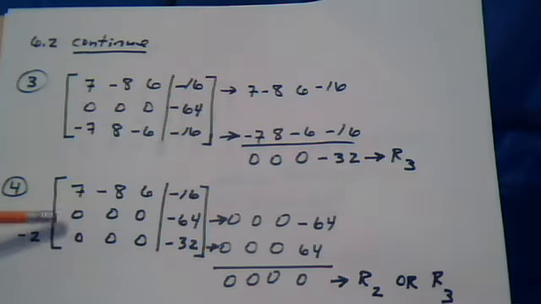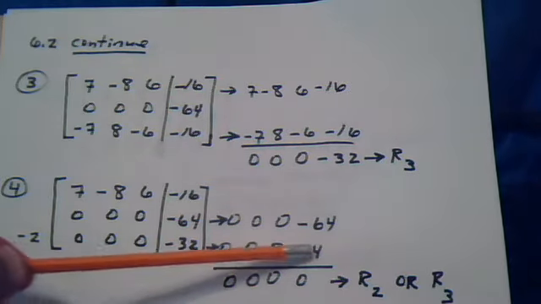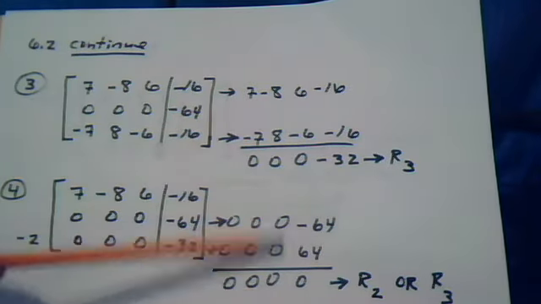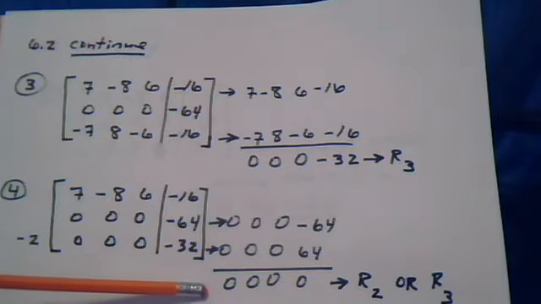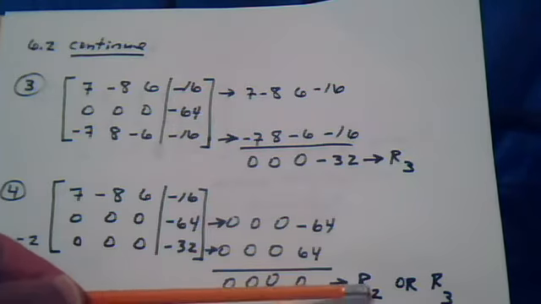So now that you have all these zeros, you notice that if you were to multiply row 3 by a negative 2, you would get this result. And if you add these 2 rows, you would get this result. So we wanted to replace row 3, but you could have replaced row 2.